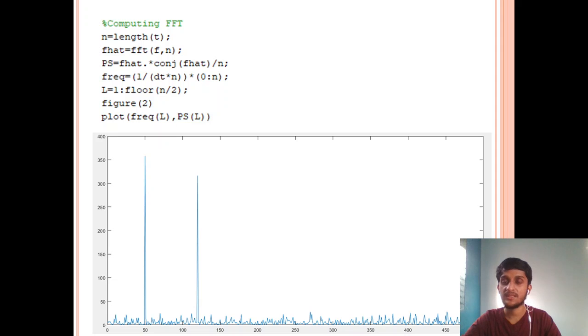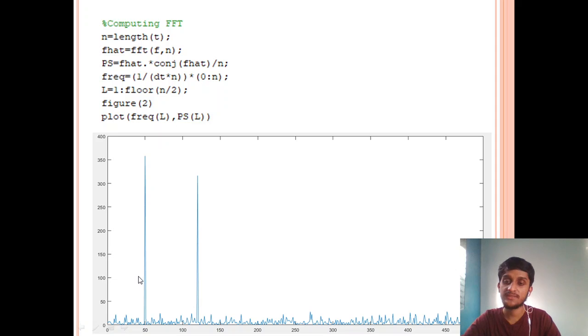The power spectrum is nothing but the magnitude of the f hat, the frequency coefficient, so we just multiply it by its conjugate. That gives how much of that frequency component is present in the actual signal. Okay. So if we plot it, we see that we obtain peaks at 50 and 120, which is what we would actually expect, because these are the actual frequencies which we have.